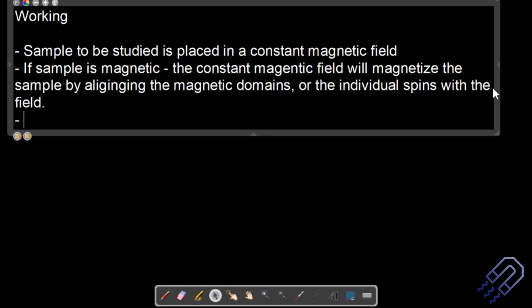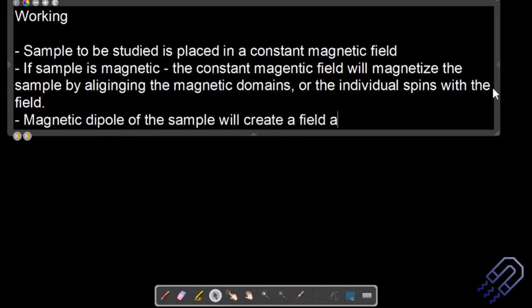Then, if that is the case, we will have a magnetic dipole. You know, the distance between the two poles, north pole and south pole. Magnets always exist in pairs. So there will be a magnetic dipole of the sample, which will create a field around the sample.